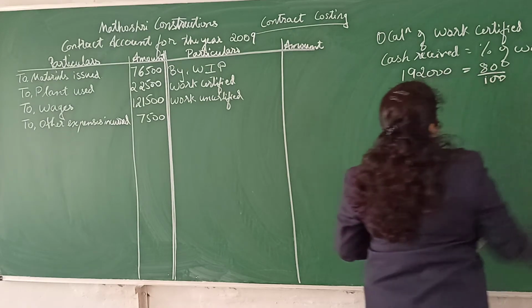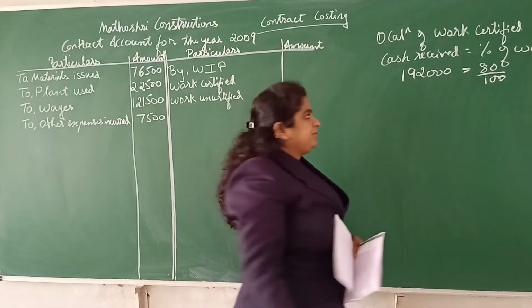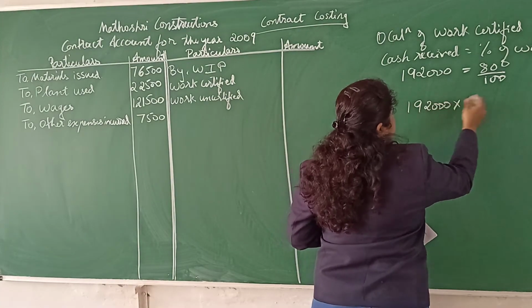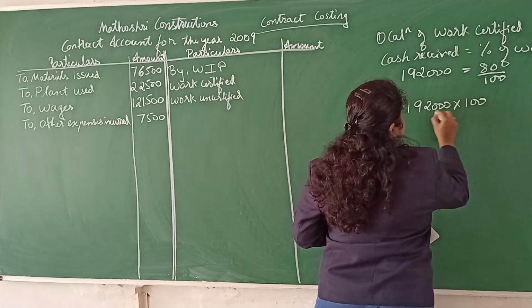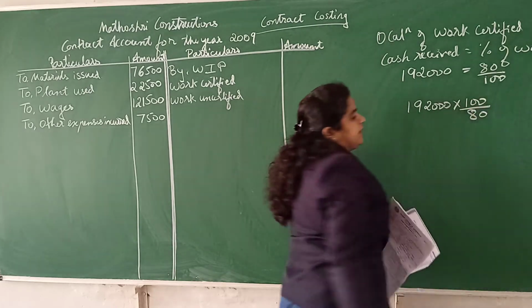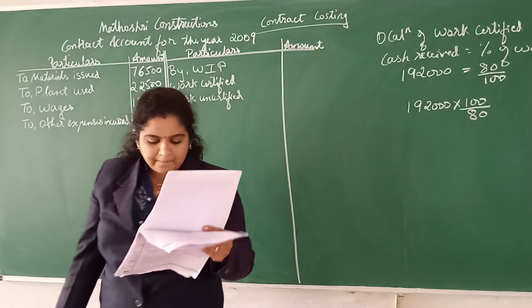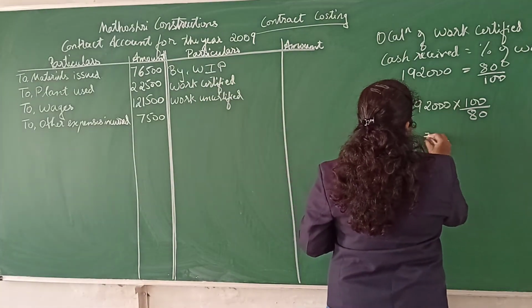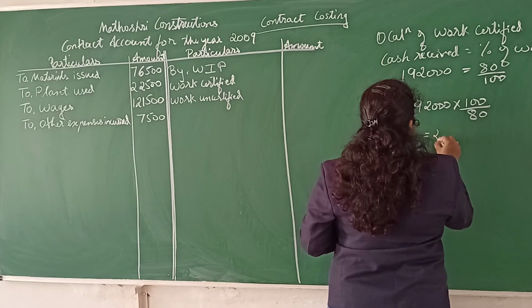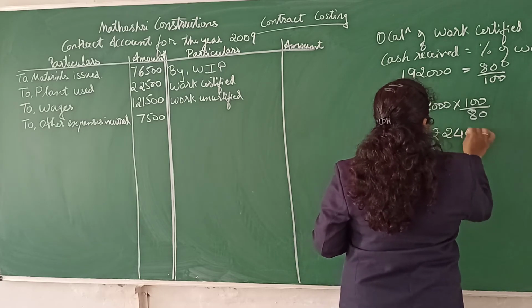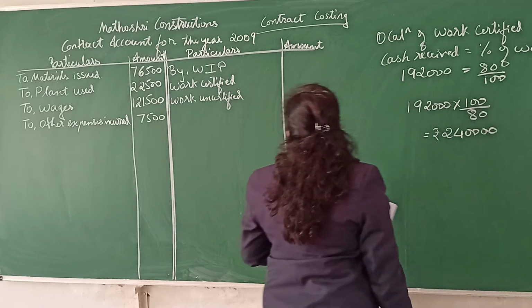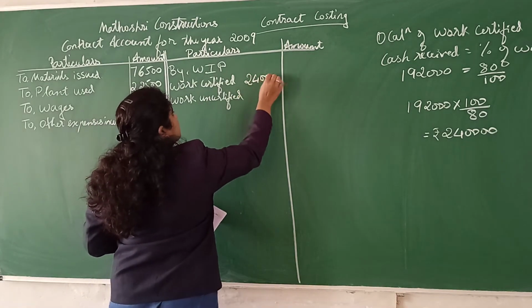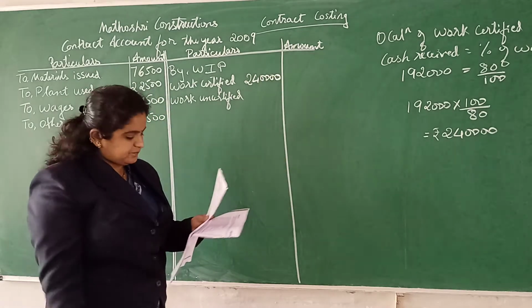So 80 divided by 100. Now, 1,92,000 into 100 divided by 80. Got it? So the work certified is rupees 2,40,000. So here write down 2,40,000.